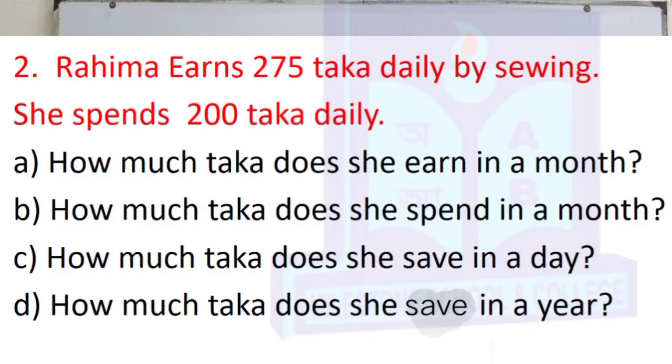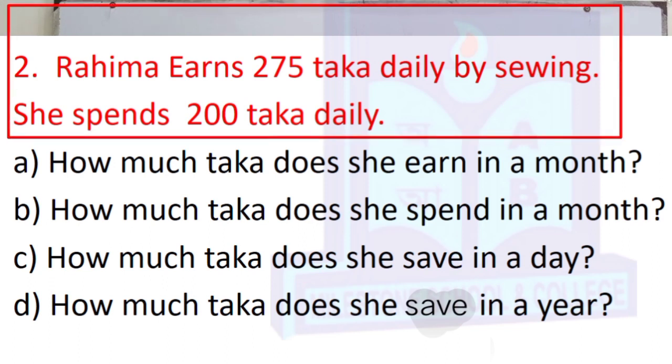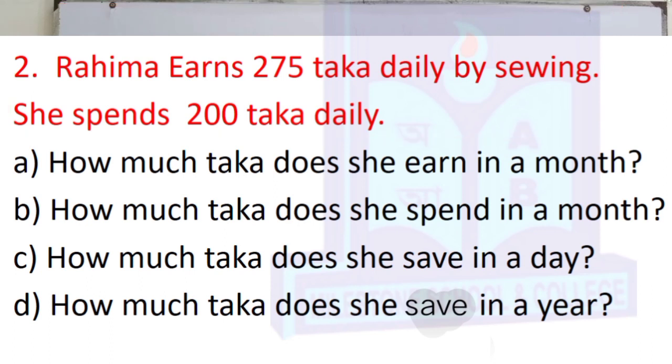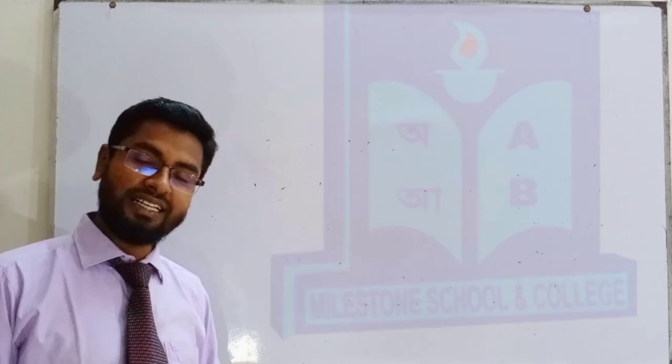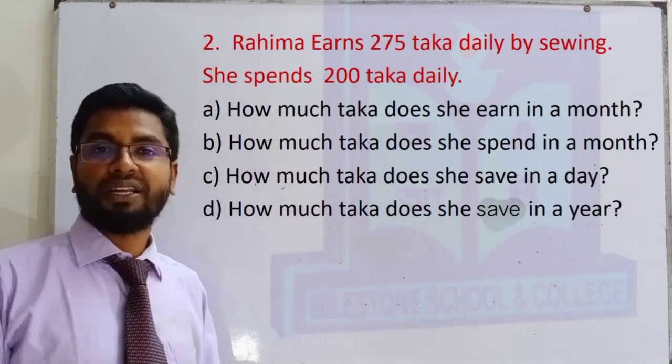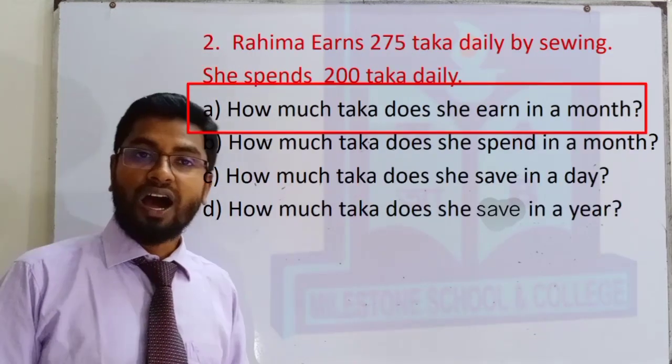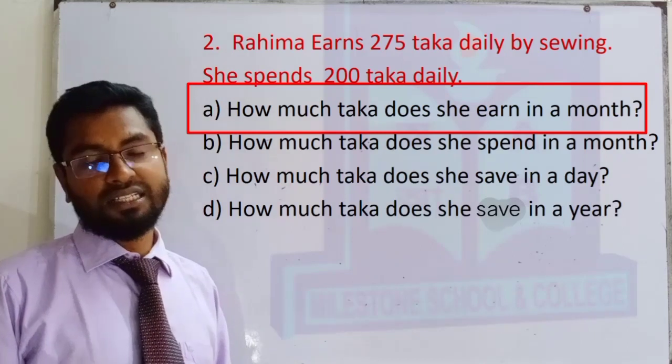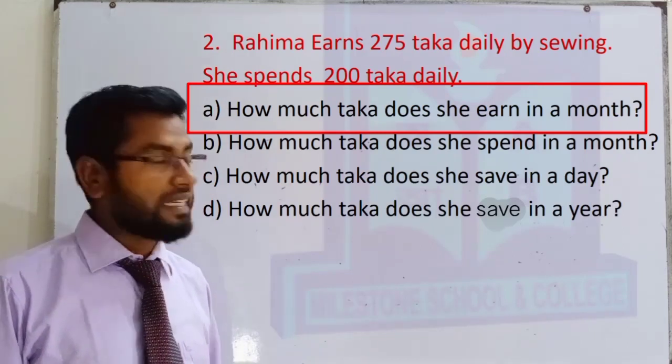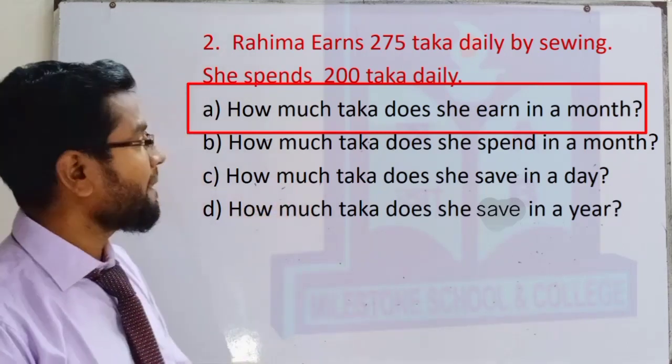Creative tip number 2. Rahima earns 275 taka daily by sewing, and she spends 200 taka daily. Number A, how much taka does she earn in a month?